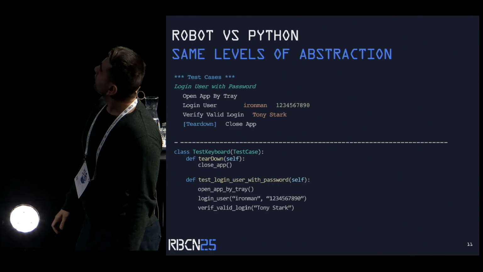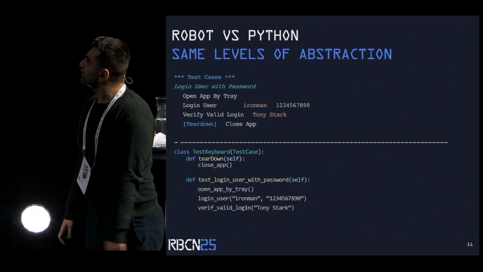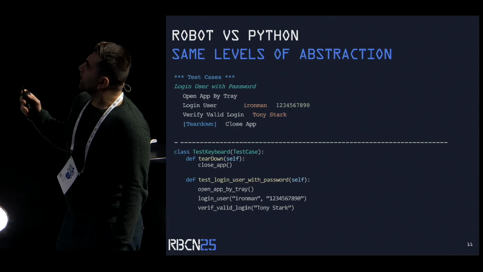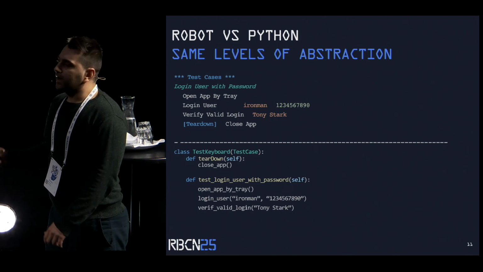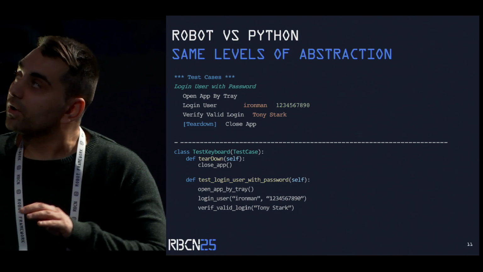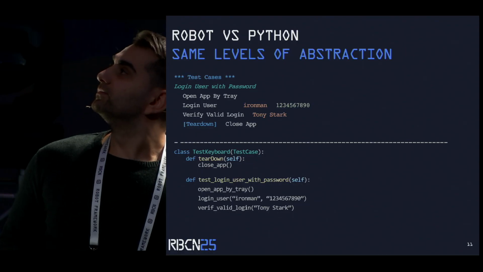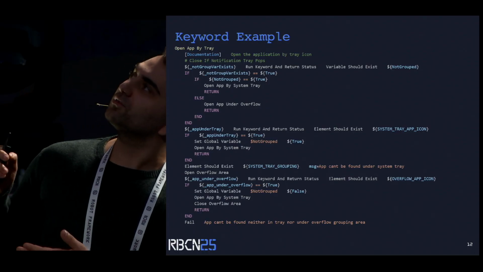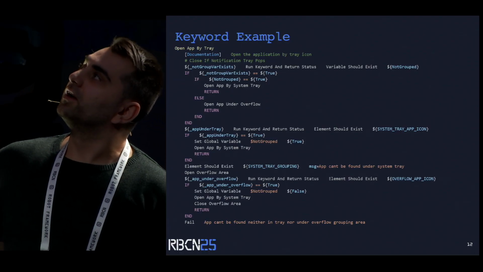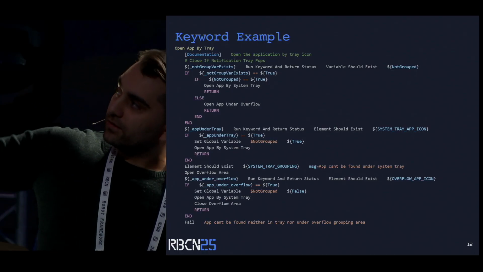If you look back at our test case, if I just look at the very top layer, it's still readable, and I just swept all the load under the carpet. In reality, as a test engineer wanting to give a keyword, I wouldn't write it this way.